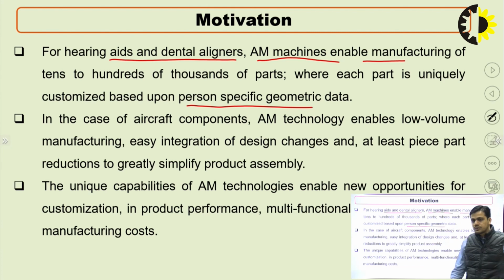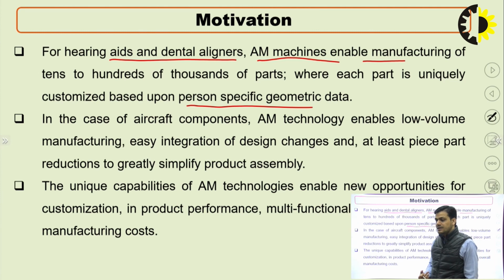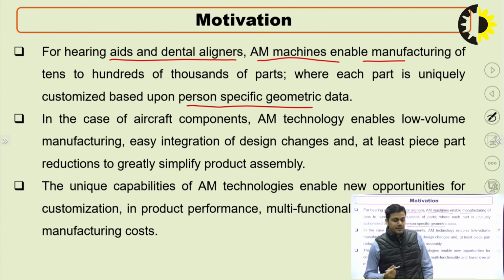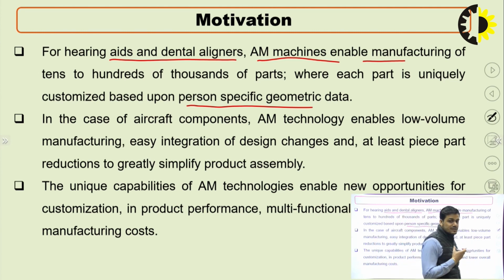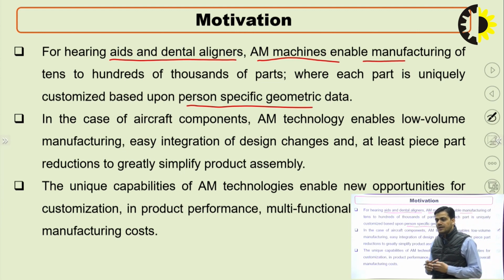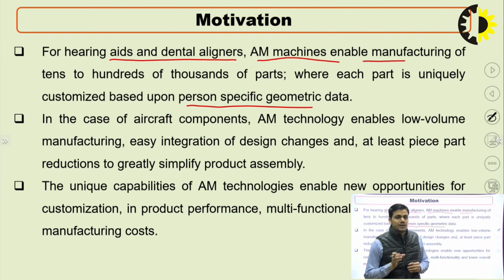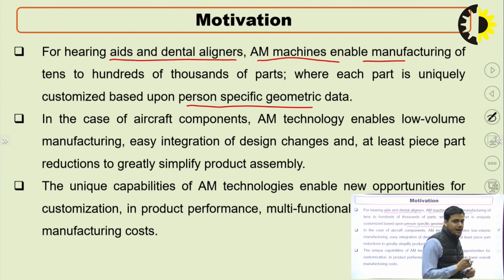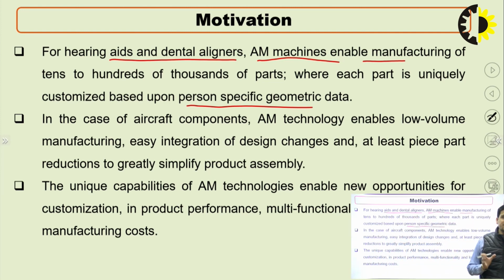As we know, this additive manufacturing technology is used for customization and basically for very complex products. You can use additive manufacturing anywhere, but it is mainly used for complex objects, and second, for customization purposes.